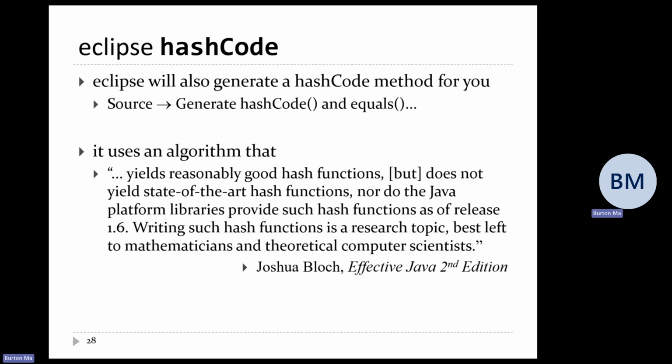It tells you that what Eclipse does in practice works, but is not guaranteed to work depending on exactly what your object is, what you're using the hash table for, and what kind of objects you put into your hash table.